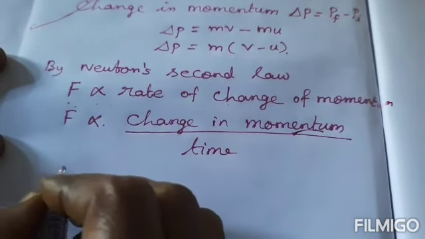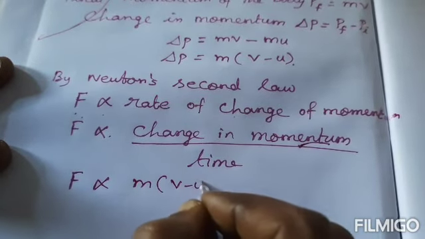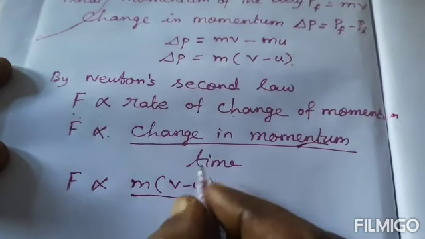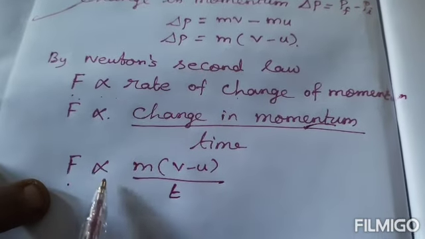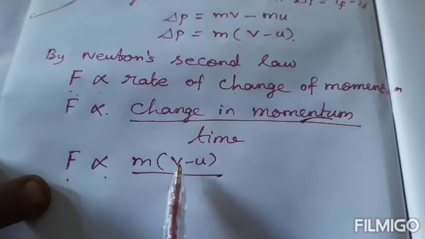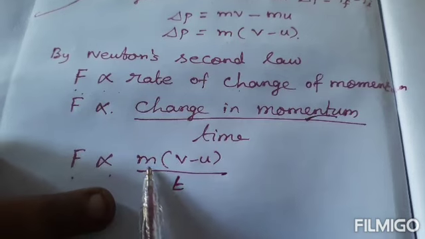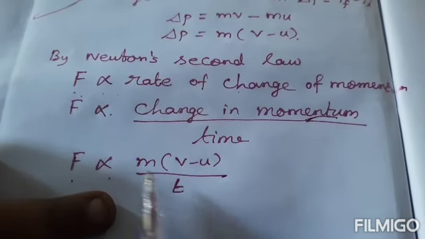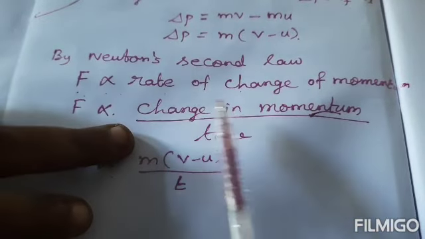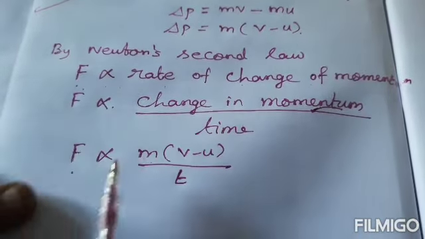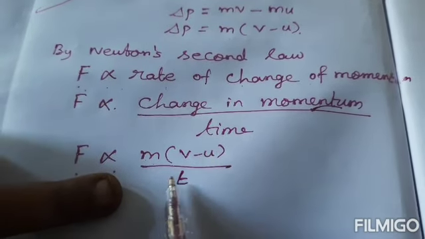So F is proportional to m into v minus u divided by time, t. So the force is directly proportional to the rate of change of momentum, which is m into v minus u divided by t.